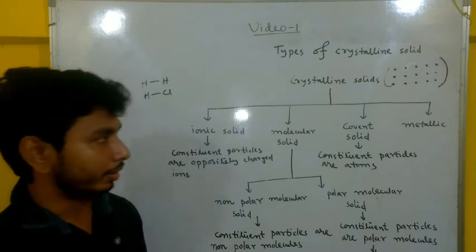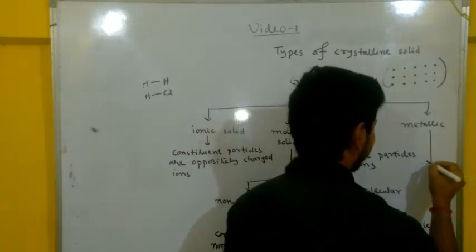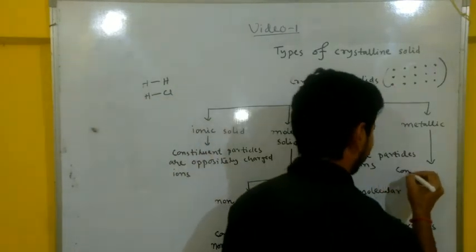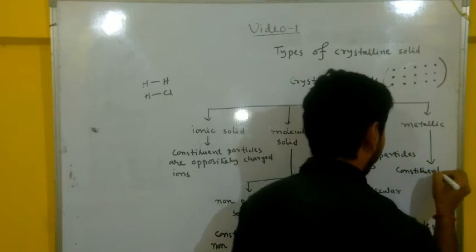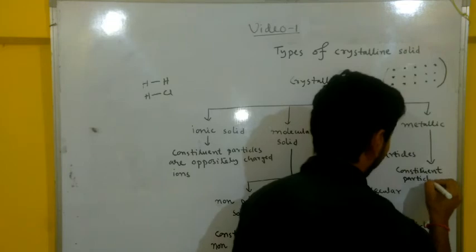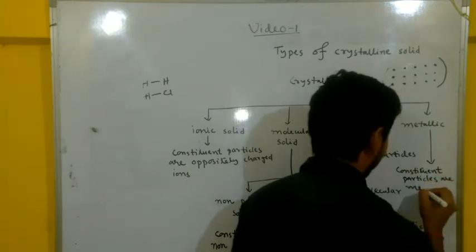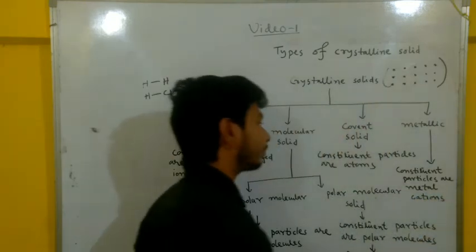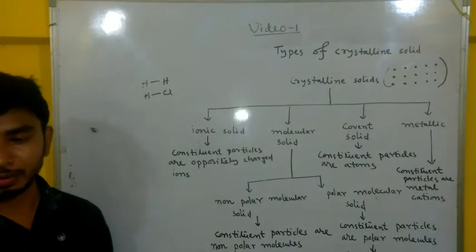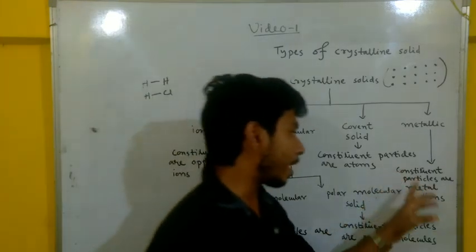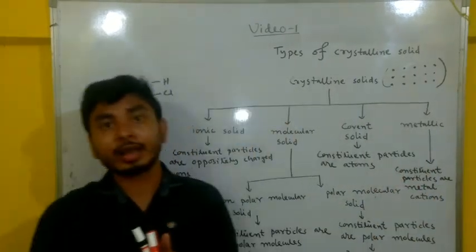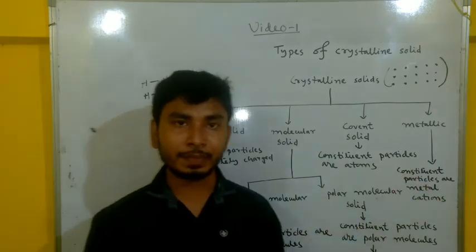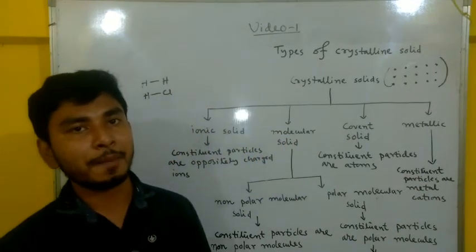Now next is metallic solid. In metallic solid, the constituent particles are metal cations, and these particles are attracted to each other by the metallic bond.